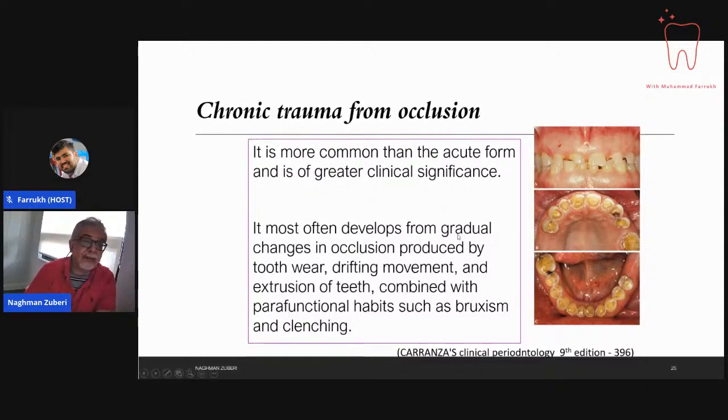It most often develops from gradual changes in occlusion produced by tooth wear, drifting movement, extrusion of teeth, combined with parafunctional habits like bruxism, clenching, so many things.